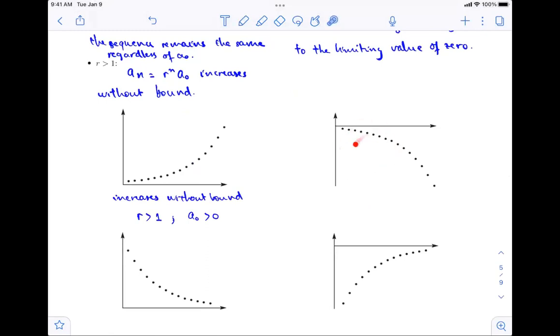And for this graph, this also increases, but on the negative side, so it increases without bound on the negative. This is the case for, again, r greater than 0, but the initial condition is a negative number.